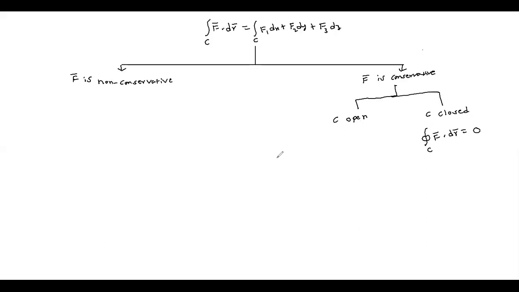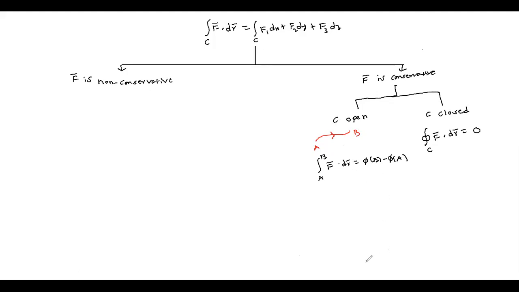And if it is an open curve, something like this, with initial point A and terminal point B, then how do you find the line integral? The integral over C from A to B of F bar dot dr bar is going to be phi of B minus phi of A. What is the relation between phi and capital F?